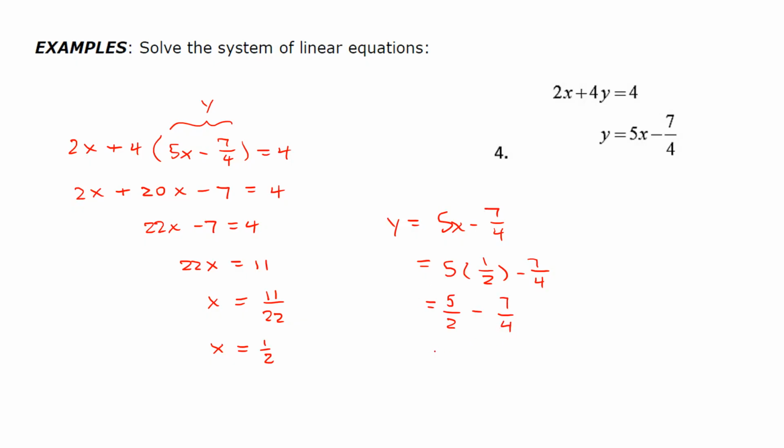In order to subtract this, I need to get the same denominators. So that would be 10 over 4 minus 7 over 4. So then y will equal 3/4. So my solution to this system would be the ordered pair (1/2, 3/4).